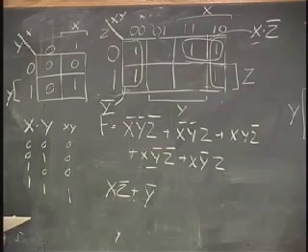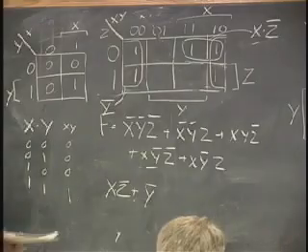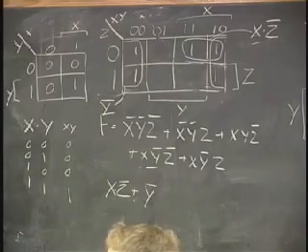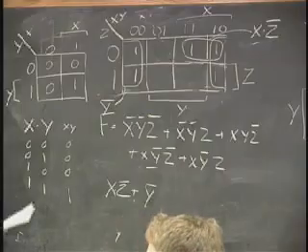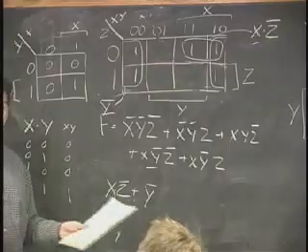Is this x, y, not z? Just put the circle around the outside thing. Yes, we could have, but then it wouldn't have been the most simplified. Right. Okay, so you comfortable with that?